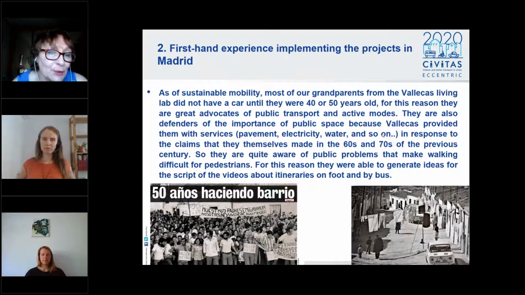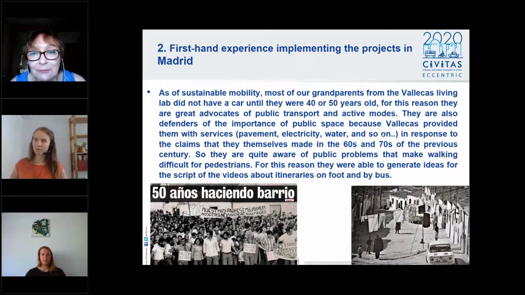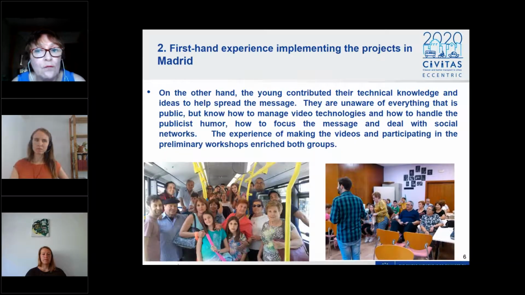Then we were working with people who were very revolutionary at that moment, and they were the same people. They are quite aware of public problems that make walking difficult for pedestrians, and for this reason, they were able to generate ideas for the script of the videos about itineraries on foot or by bus.